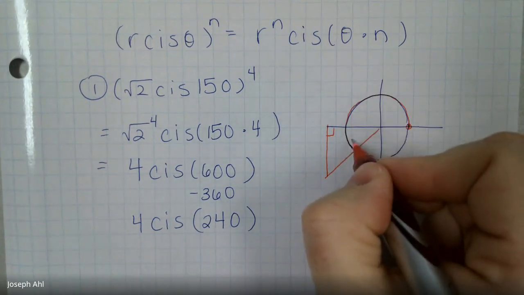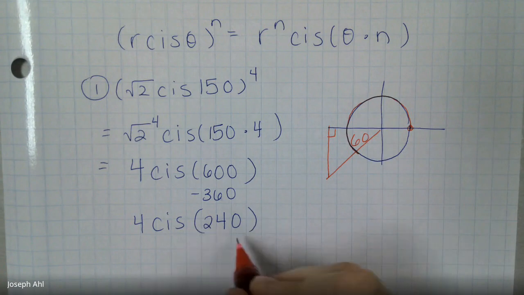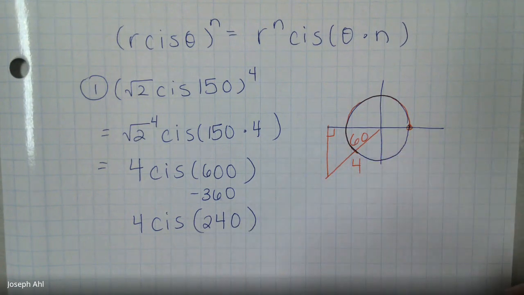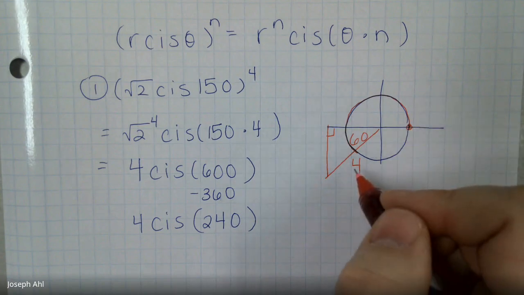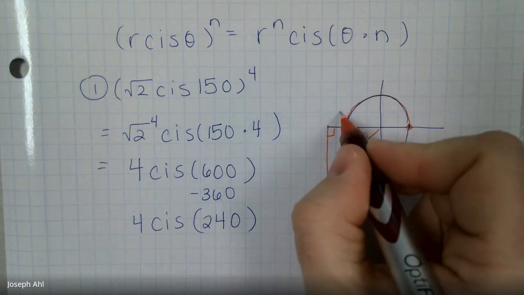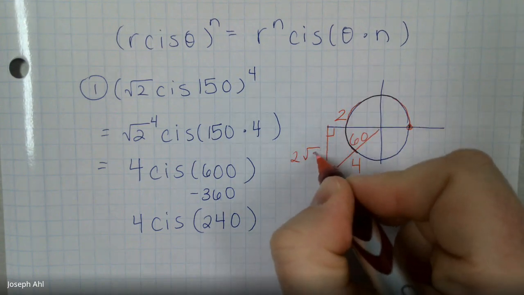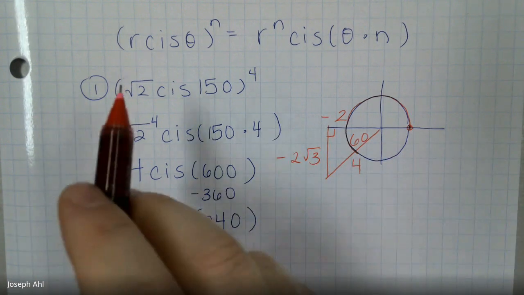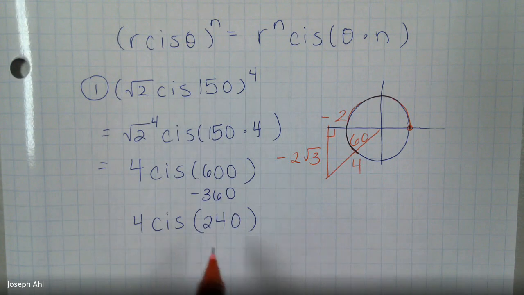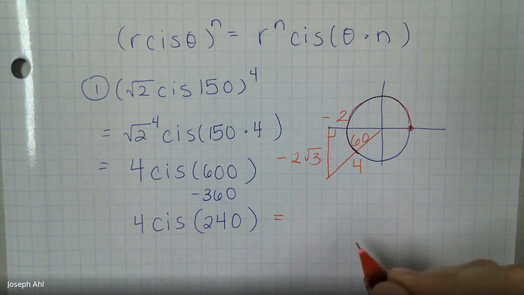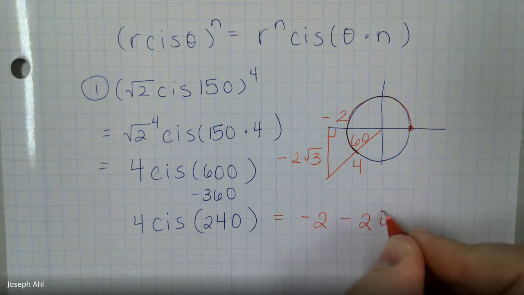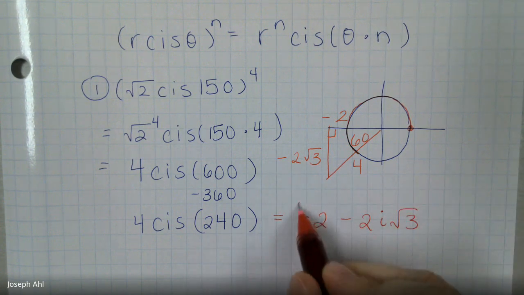The reference angle here would be 60 because the angle 240 has that reference, and then 4 goes on the hypotenuse. So to complete the picture, across from 30 up here would be 2, across from 60 then is 2 radical 3. They both need negatives. So this polar number to the fourth power, even though I was able to successfully keep this in polar form, in rectangular a plus bi form is -2 minus 2i radical 3.